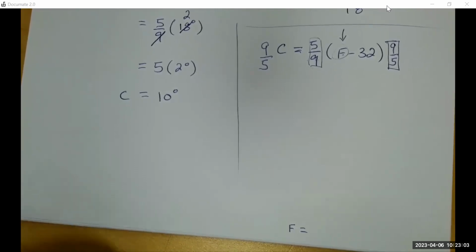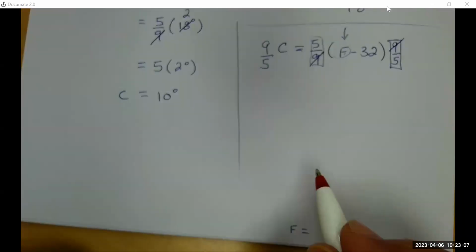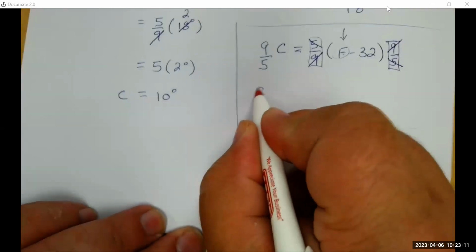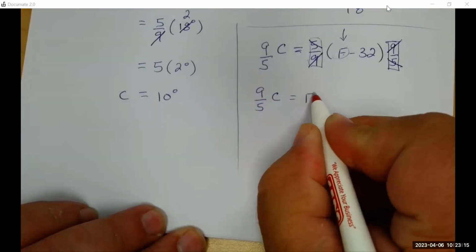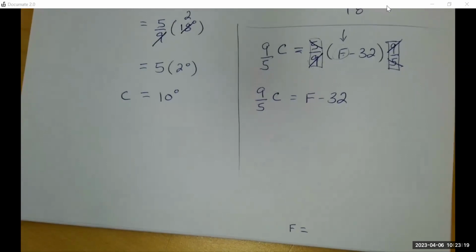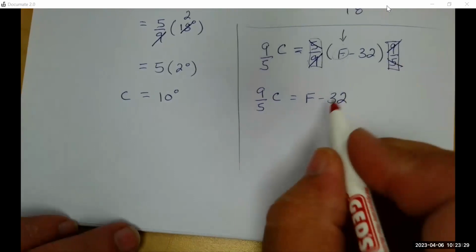So why do we do that? Let's look at here. The 9s cancel. And the 5s cancel. So we have 9/5 C equals F minus 32. Now we're trying to get F by itself.